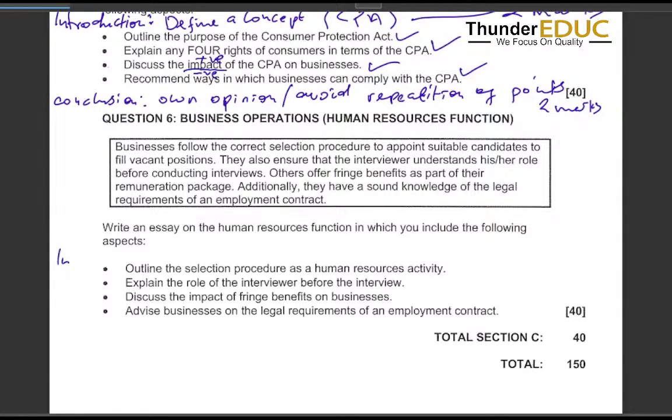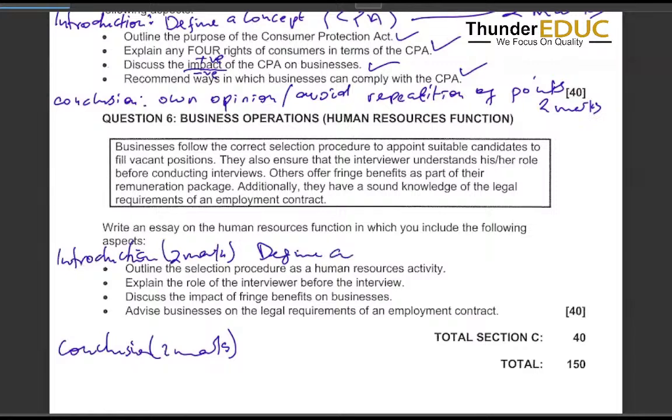So here you are going to write an introduction of 2 marks, and also a conclusion of 2 marks. If you check here, remember I said that under the introduction you just define what a term or concept under study is.